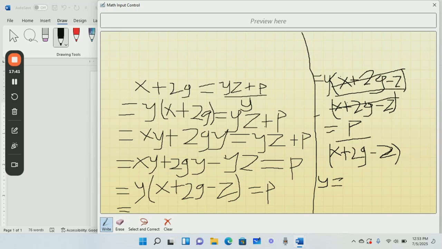y equals to p all over x plus 2g minus z, bracket close.